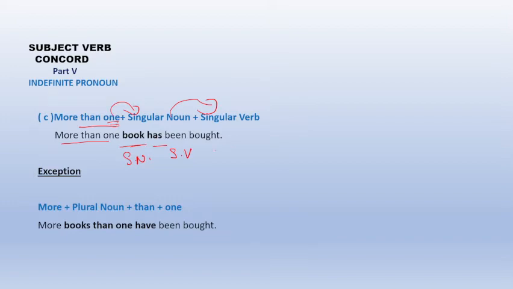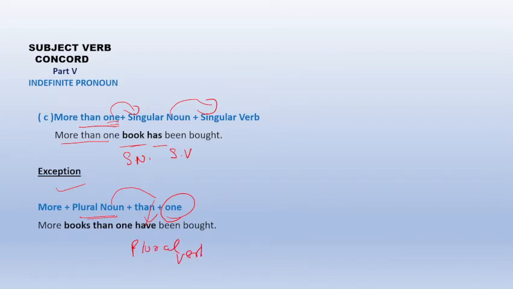Then exception. Now here comes one exception: more plus plural noun. Sometimes with more we have a plural noun. So obviously the noun is plural, and even if we are having one also, in that condition we will place a plural verb.